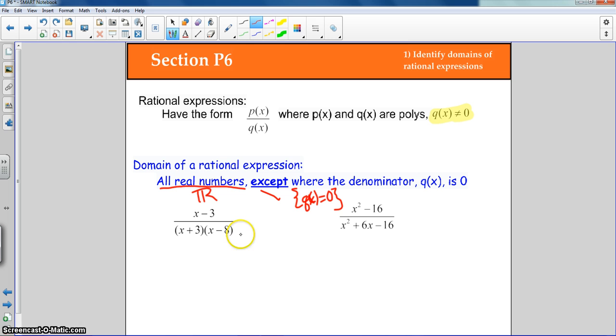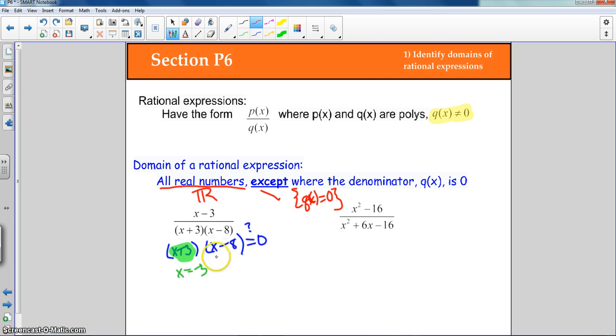So what we want to do is look at the denominator, find the numbers that make the denominator 0. So in this first part I have x plus 3 and x minus 8. Where does that equal 0? Well, what I want to do is think about, what makes this first term 0? Well, that is x is equal to minus 3. Because if I put in minus 3, that's 0, and I get 0 out as a result.